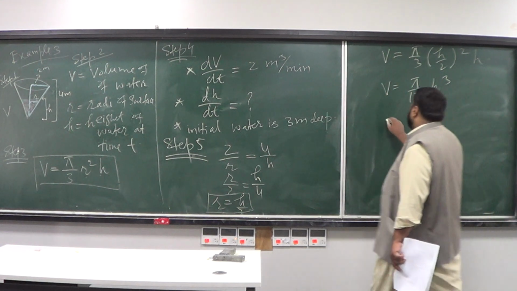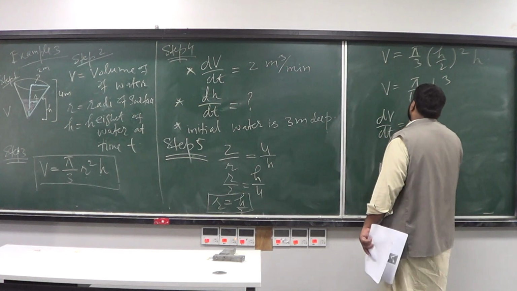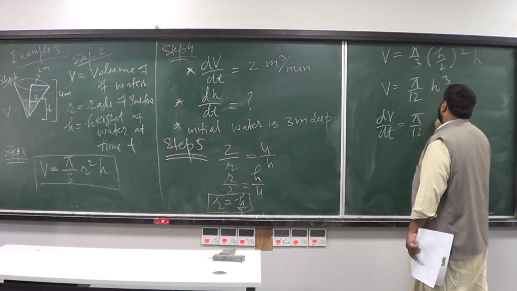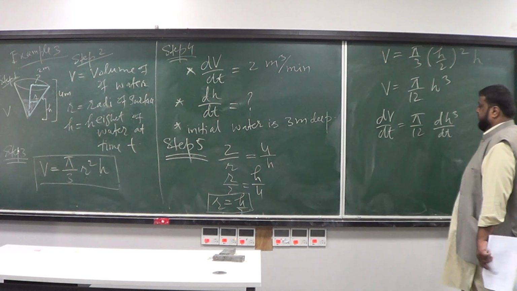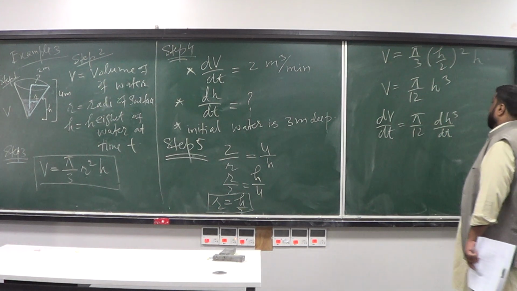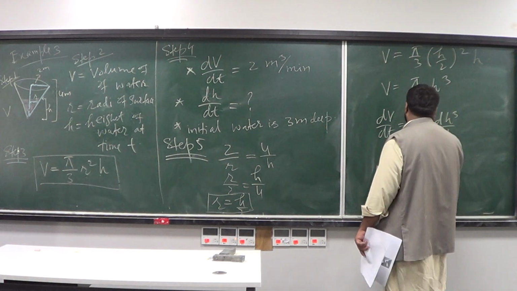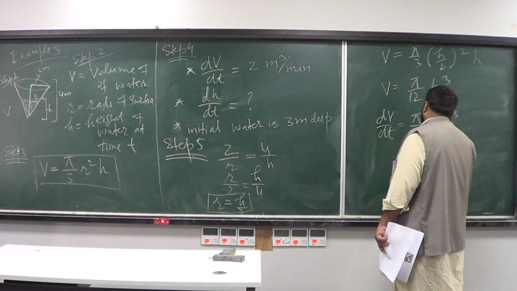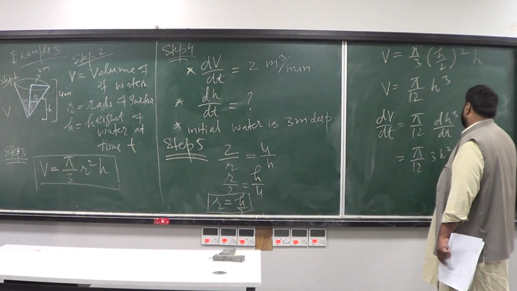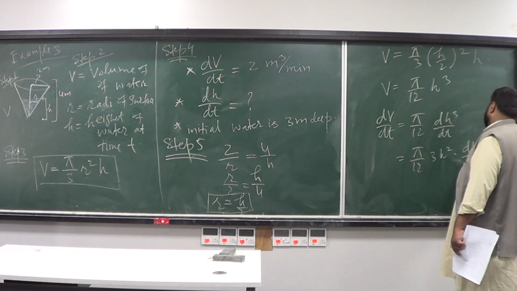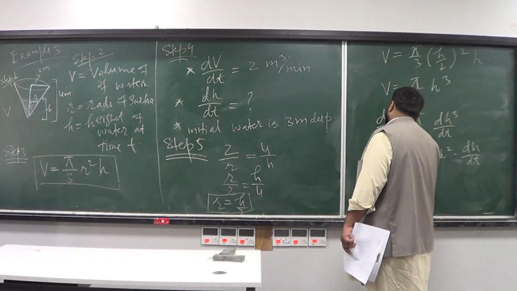So let's try to calculate the derivative with respect to time, and this would be the same as pi by 12 times the derivative of h cubed with respect to time. And on this I can apply the chain rule. So by chain rule this will become 3h squared times dh by dt, and here I have dV by dt.